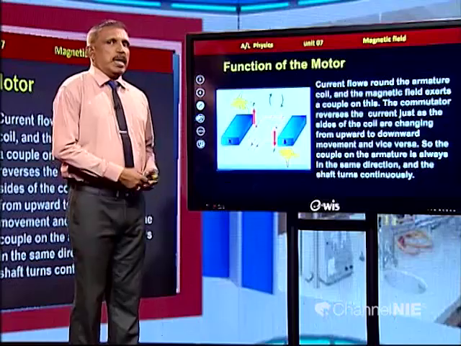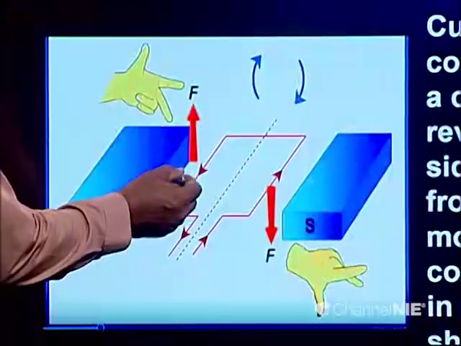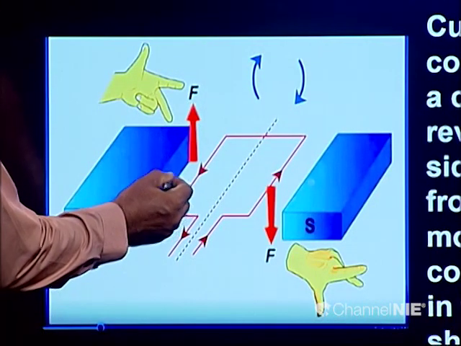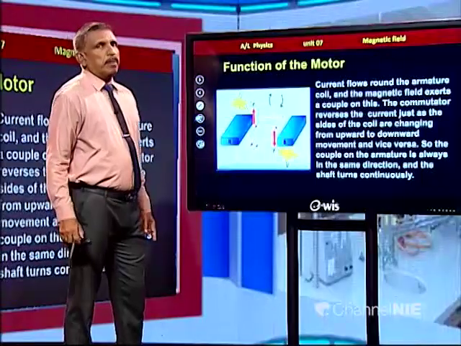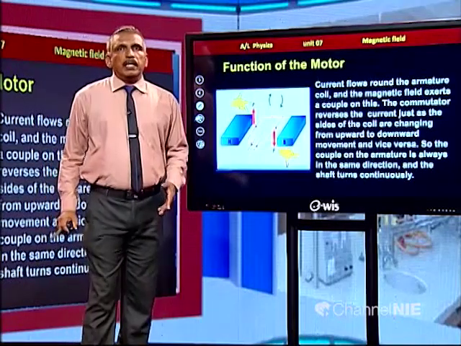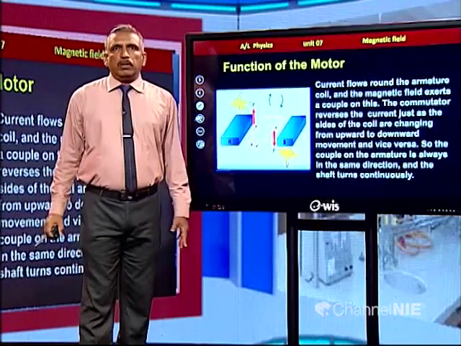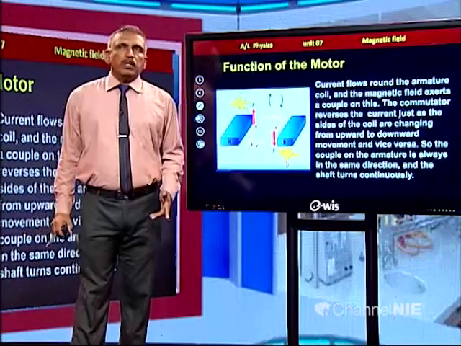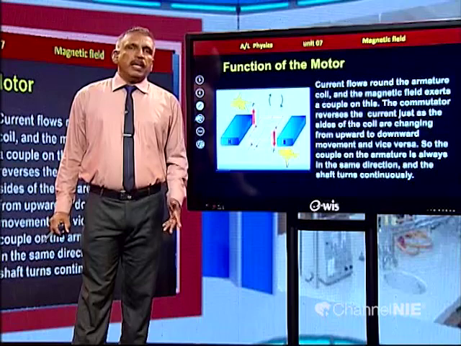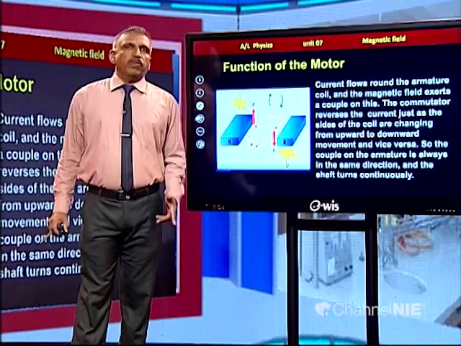There is a coil here. This is known as the armature coil. This coil is in the magnetic field. When the current passes through this coil, the coil experiences a force. When you find the force, you take your left hand and find the direction of the force.